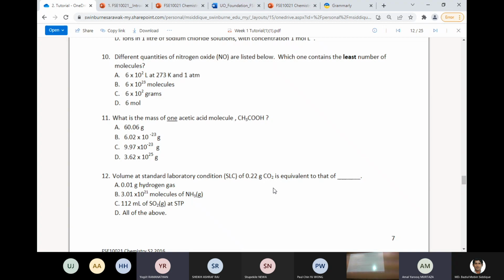B says 6 times 10 power 23 molecules. I go for this because the rest of them, C is 6 times 10 power 2 grams, it is already 600 grams of nitrogen, and then D is 6 moles. And quickly, I found that 6 moles is still having more than B.